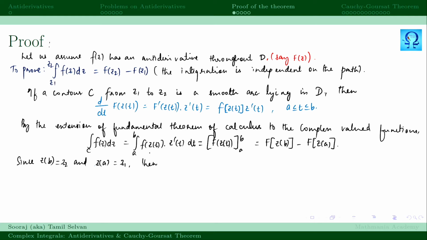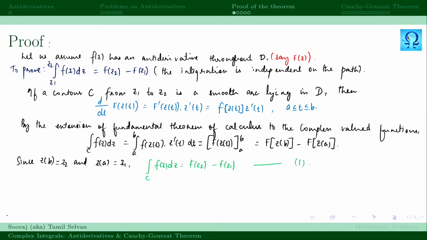Since this is happening, what do we get? We get the integral over C of f of z dz is F of z2 minus F of z1. I mark this as equation 1. This is the requirement, right?